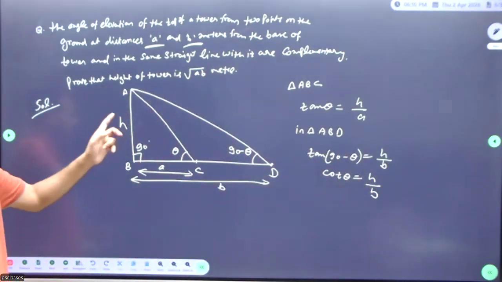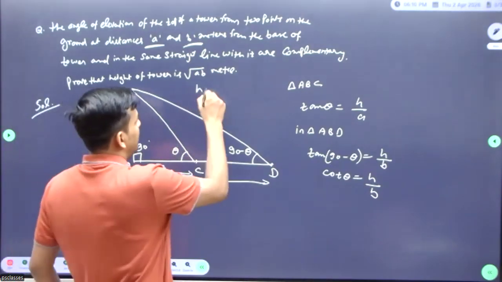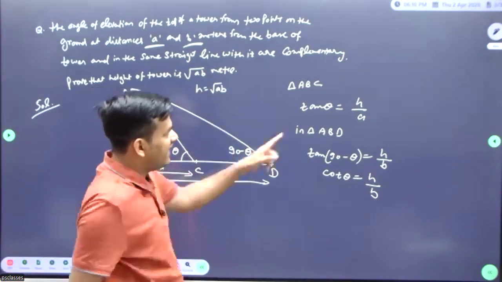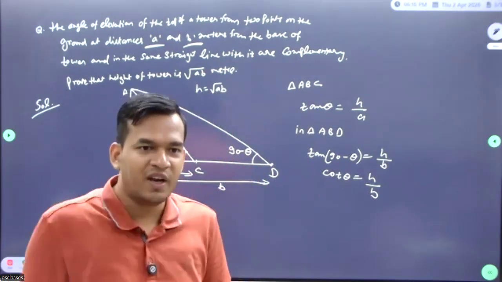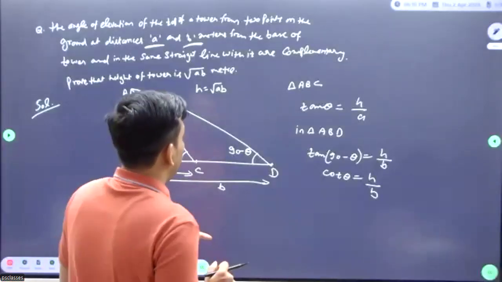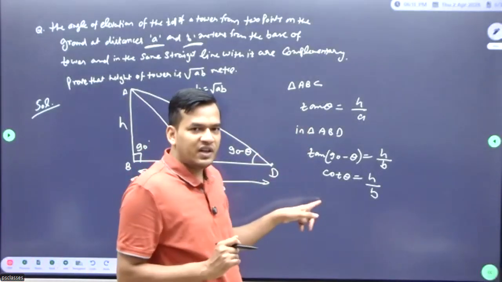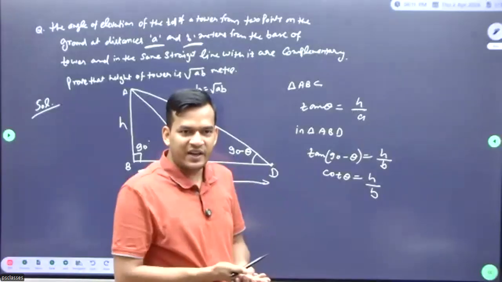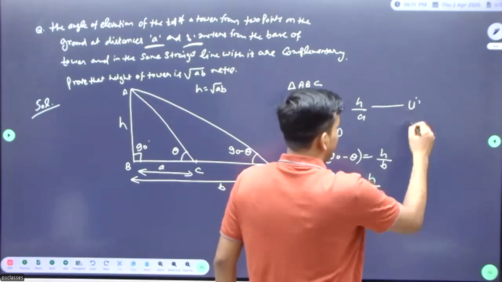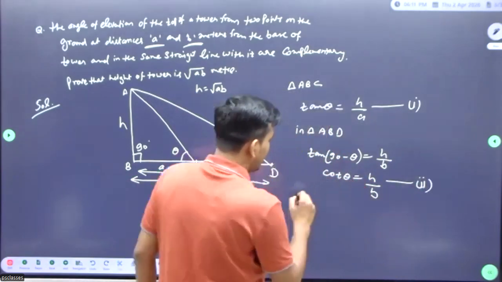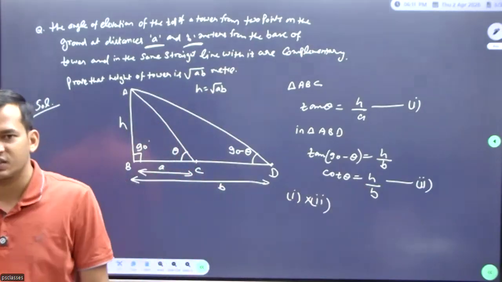So then we have to prove h is equal to root AB. Correct? Height of the tower is equal to root AB. This angle theta is not given to you, so basically you have to eliminate theta. To eliminate tan theta and cot theta, you can multiply them directly. Tan theta into cot theta is equal to 1. So suppose this is equation 1 and this is equation 2. Then multiply 1 and 2, because we know that tan theta and cot theta will cancel each other.